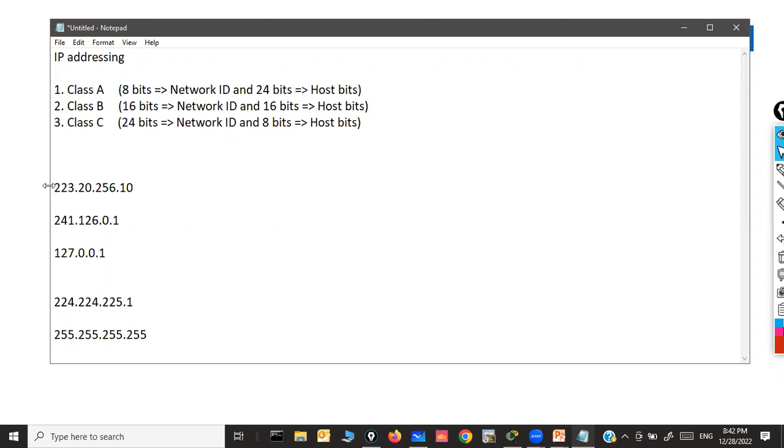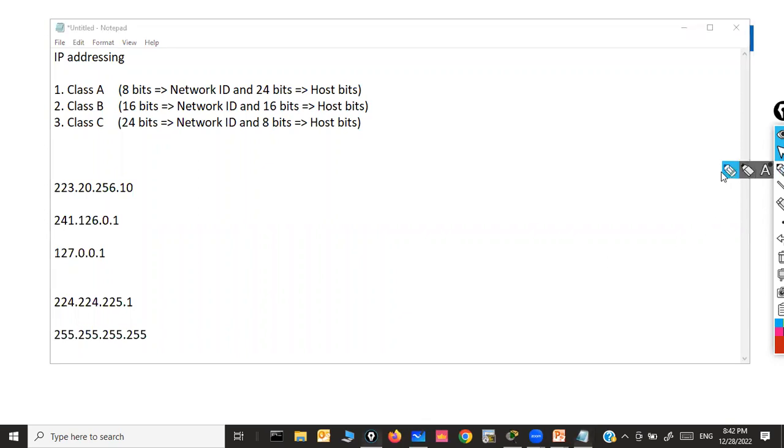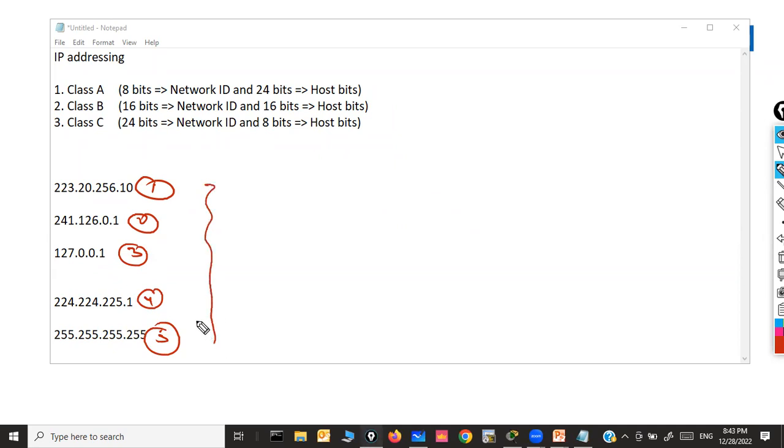There are five IP numbers: first, second, third, fourth, fifth. First, can we assign all these IPs to computer machines or not? Whether the IP is correct, just answer the first one first.